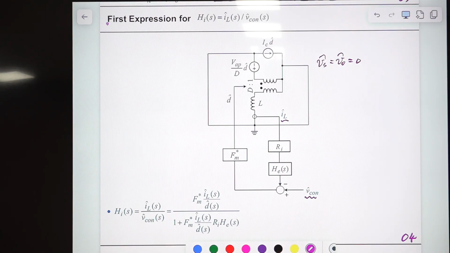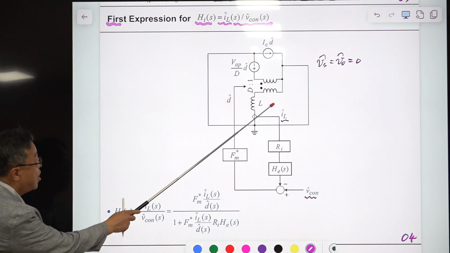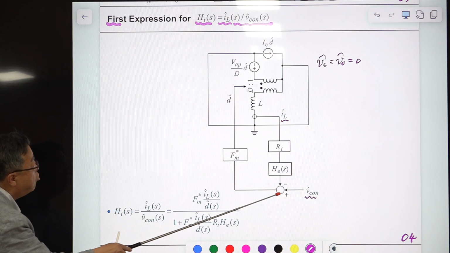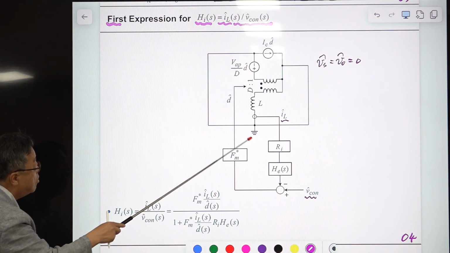So that transfer function is termed H_i(s). Sometimes I used H_i(s) for the current loop, but there is a slight difference. So H_i(s) is this one, from here to there. Then you have the open loop forward gain here, and you have the loop here.